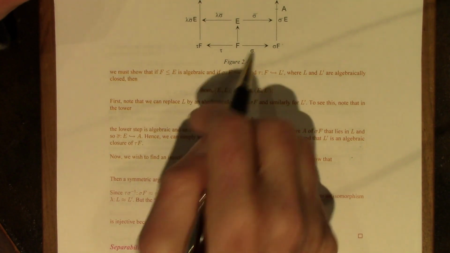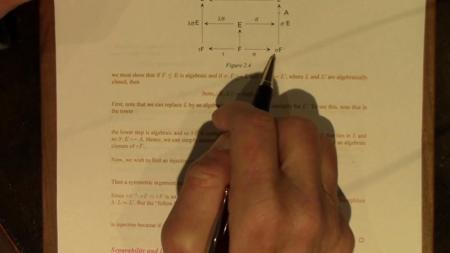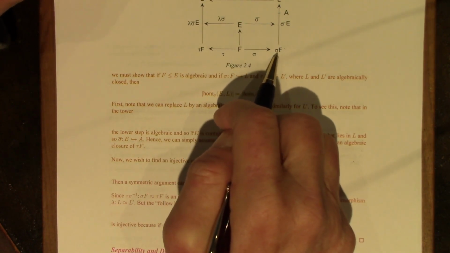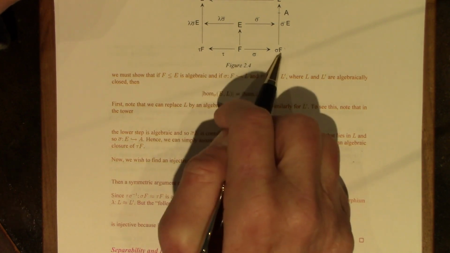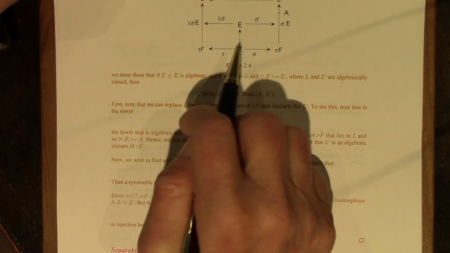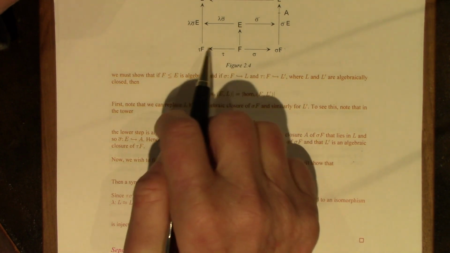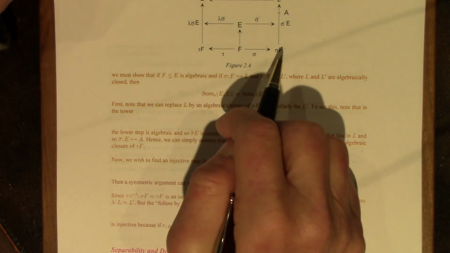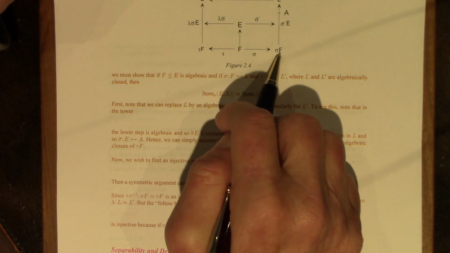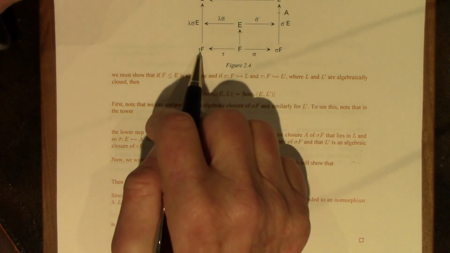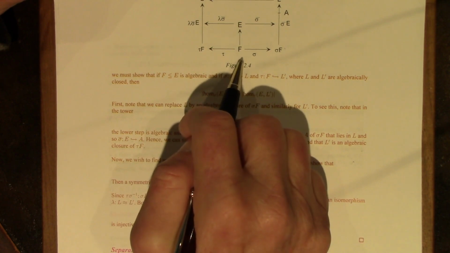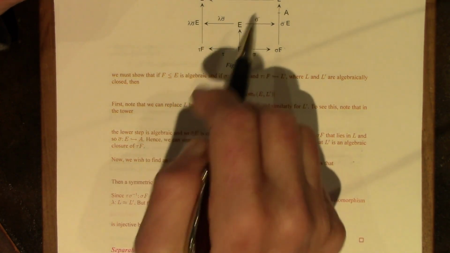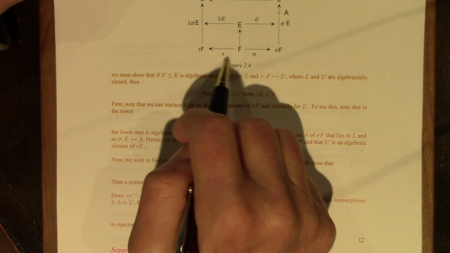Well, if you look down here at the bottom, and you start here and you apply sigma inverse, it's an isomorphism between F and sigma F. Apply sigma inverse, then apply the isomorphism tau, you get an isomorphism of this field and this field. That would be sigma inverse followed by tau.